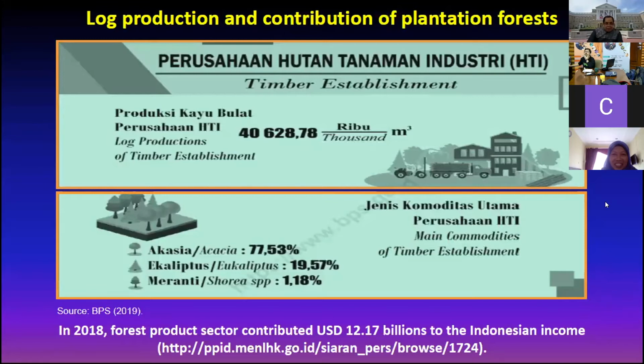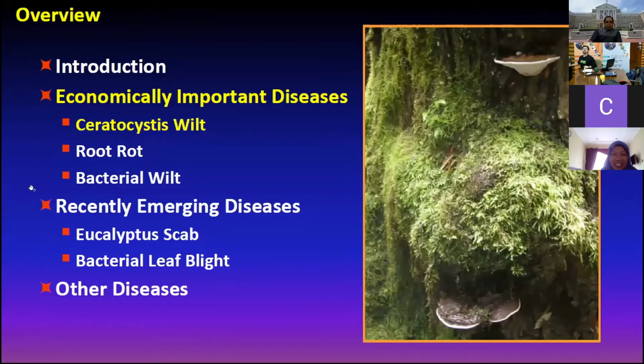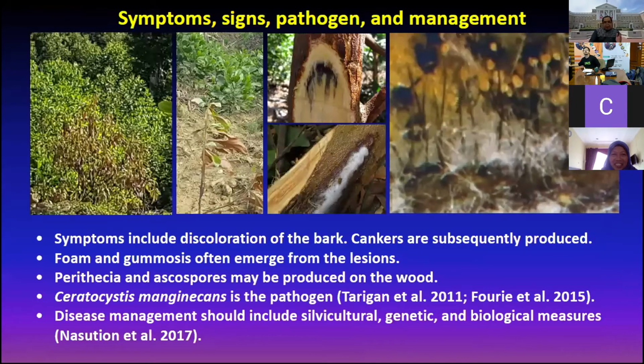And this is the plot production. Now we are coming to the economically important diseases. The first one is Ceratocystis wilt. These are the symptoms, signs, the pathogen, and the management.